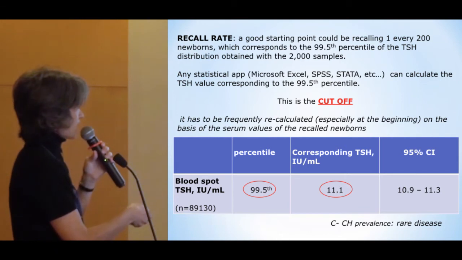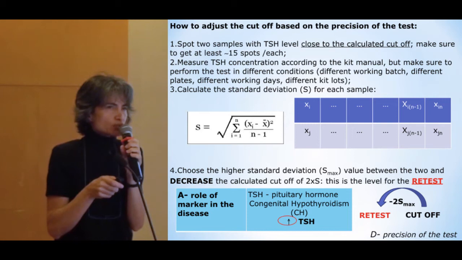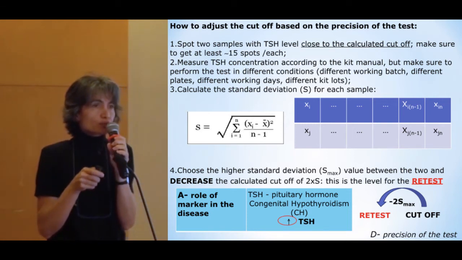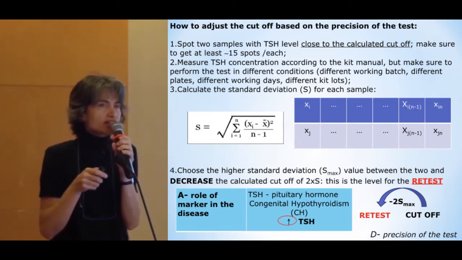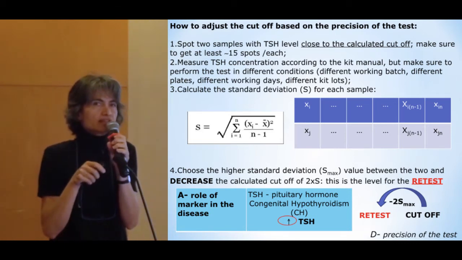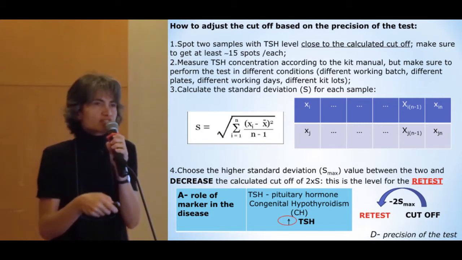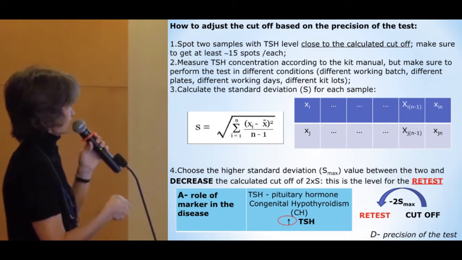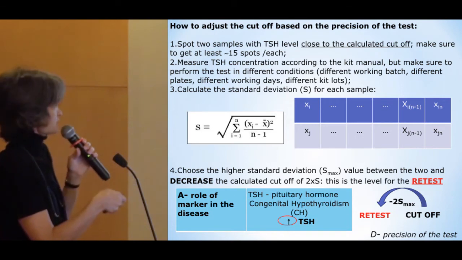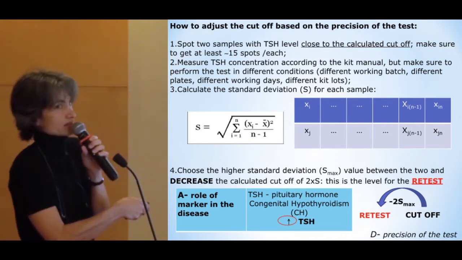So, as I mentioned, if I set the cutoff at 11, I cannot neglect the values around that 11, and how to take into account that variation. There are several methods, and I suggest you perform this one. Okay, it's quite easy because you spot a couple of samples with the TSH level close to the calculated cutoff.